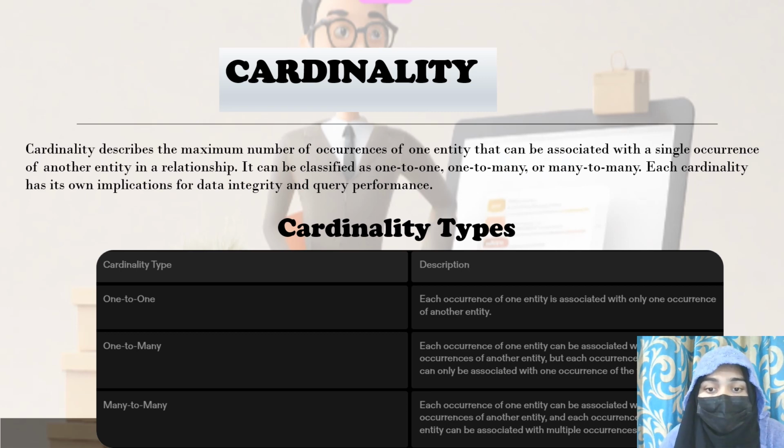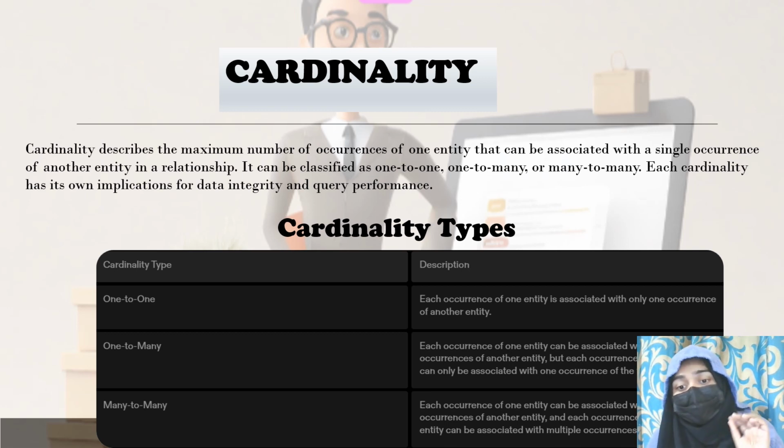Many-to-one: each occurrence of one entity can be associated with one occurrence of another entity, but each occurrence can only be associated with one occurrence. In many-to-many, each occurrence of one entity can be associated with occurrences of another entity, and each occurrence can be associated with multiple occurrences.